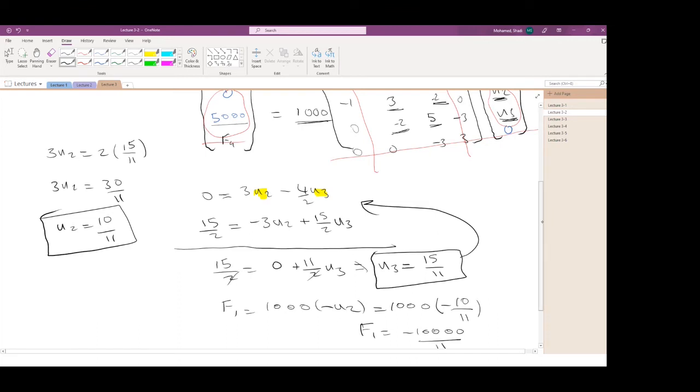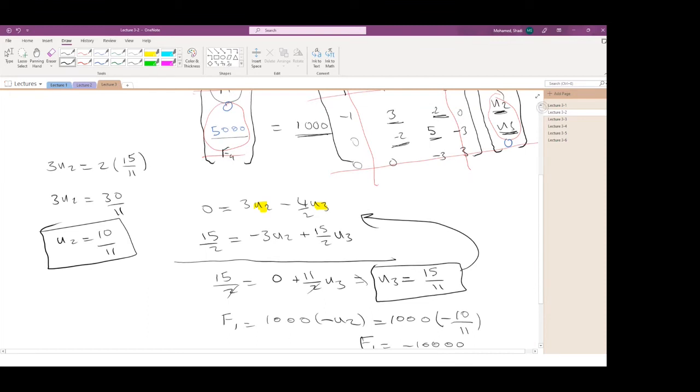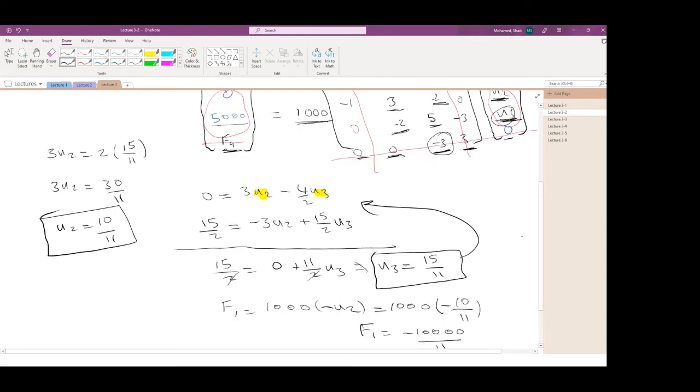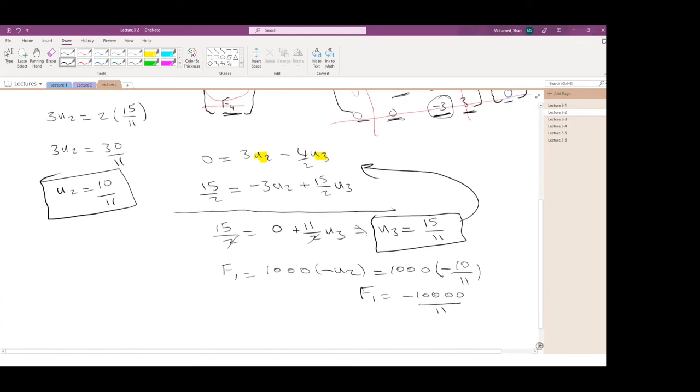Now come to the second equation. For the second equation, you have f4 is equal to 0 multiplied with 0, this is 0, 0 multiplied with u2, this is 0, this is another 0, minus u3, and then 3 multiplied with that 0. So what is left from this equation is only u3 multiplied with minus 3, and obviously multiplied with 1000.